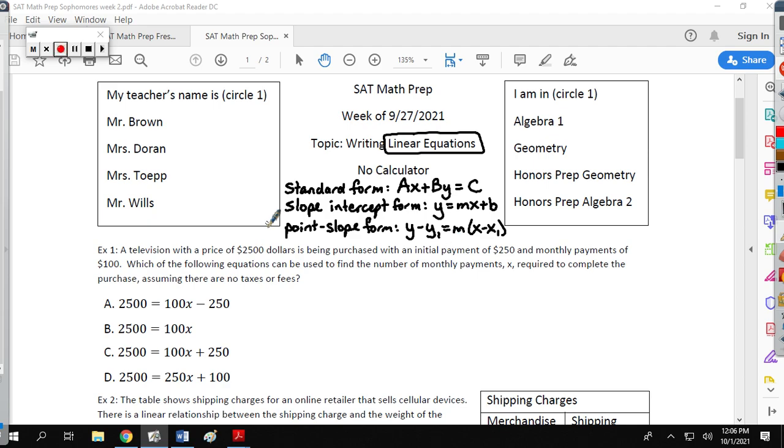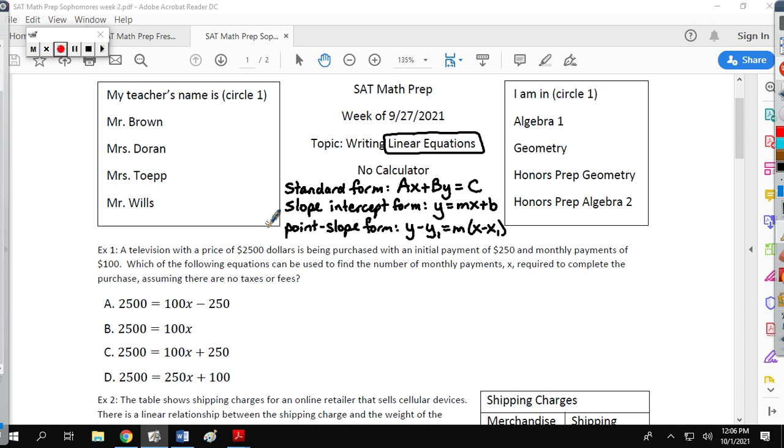It is much easier to use point-slope form when you are given a point and a slope. It is much easier to use slope-intercept form when you are given a rate of change and an initial value. So part of this is knowing which format to use and using the correct format.